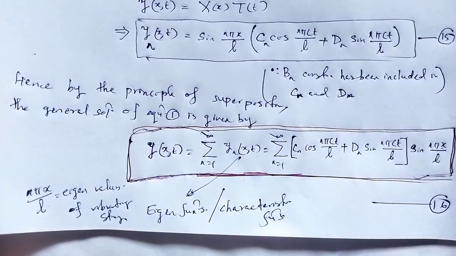This one is the final solution, or we can say the general solution of the vibrating string. This is an overall video lecture based upon the wave equation and its solution for vibrational modes of a stressed string.